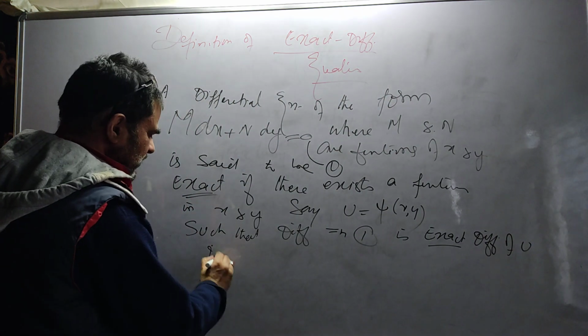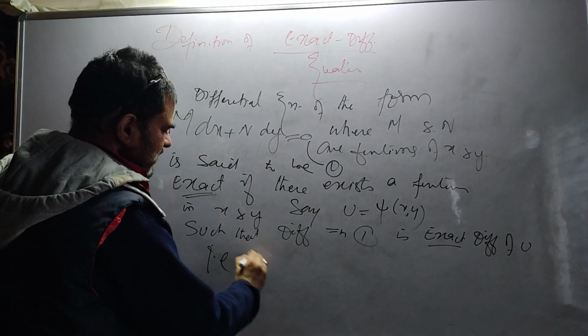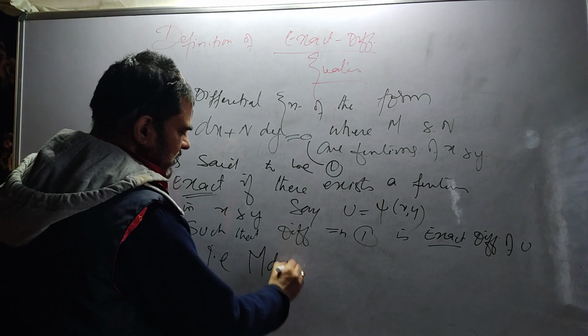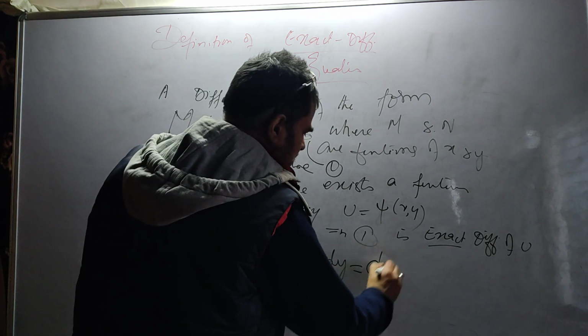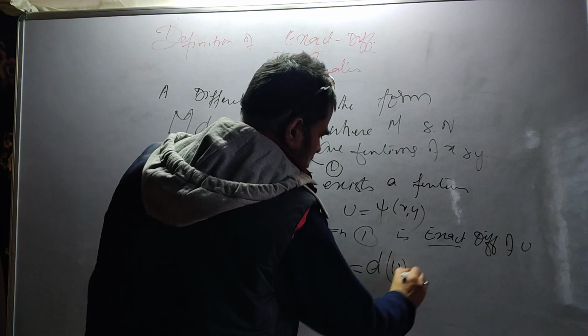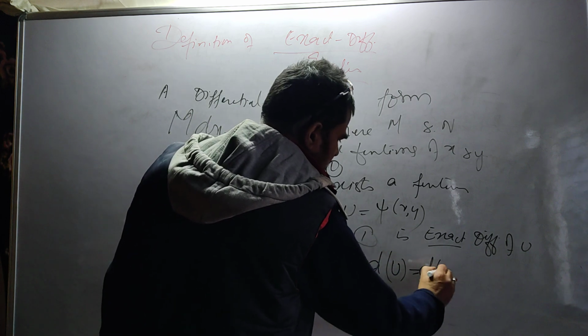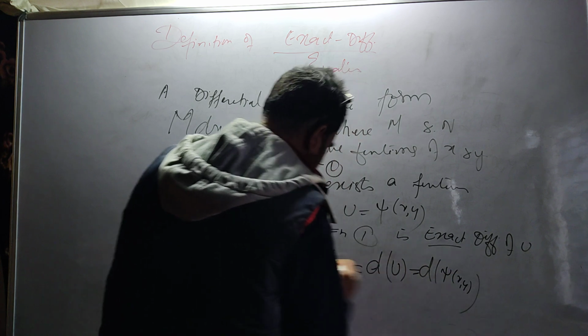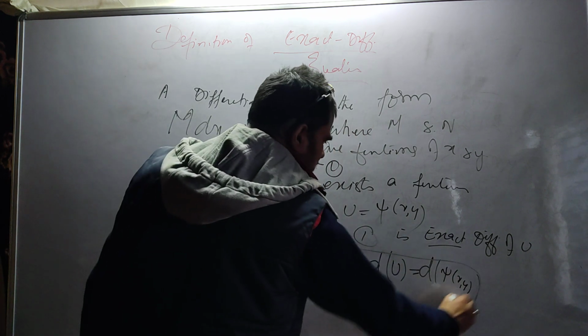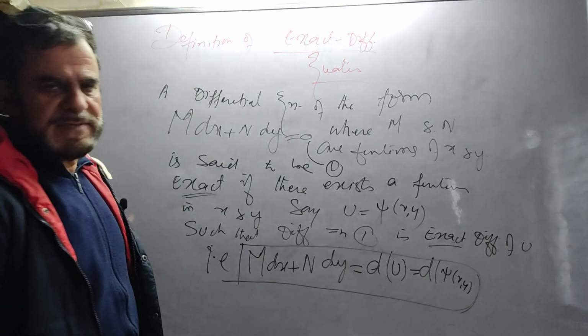That is what you say, your differential equation M dx plus N dy is the total differential of u, which you took d of psi of x y. This is now the definition of exact differential equation.